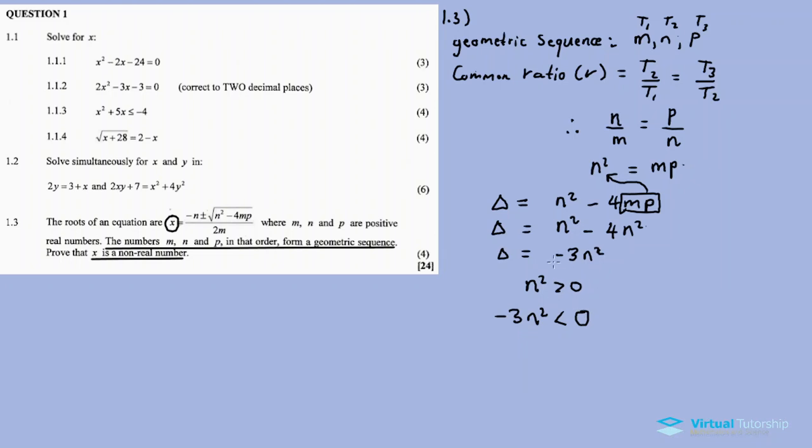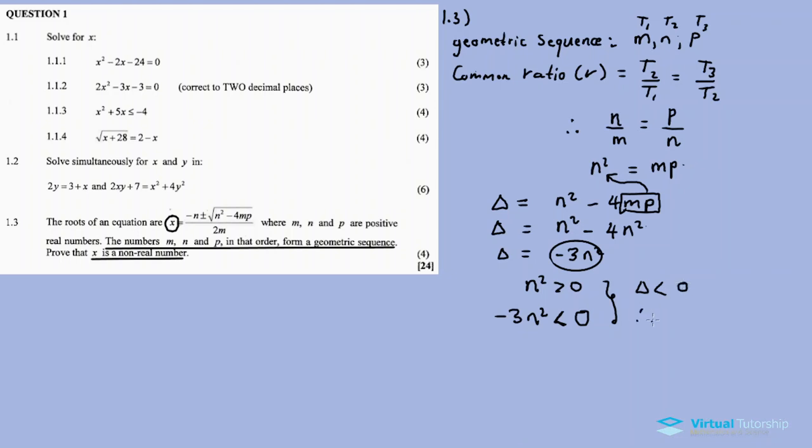So therefore negative 3n squared is less than 0, according to this explanation. Multiply a positive number by negative 3, I always get a value that's less than 0. So therefore the discriminant is less than 0.